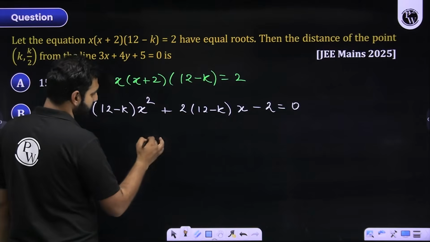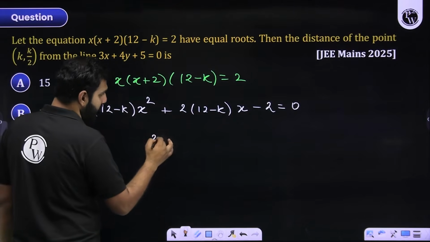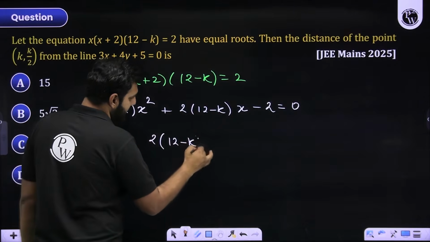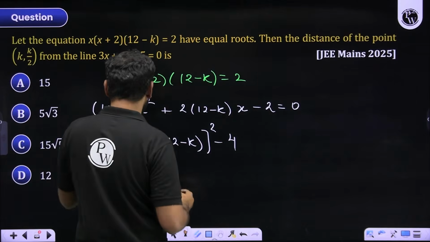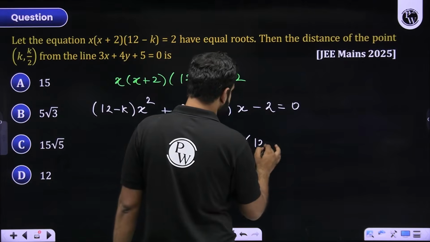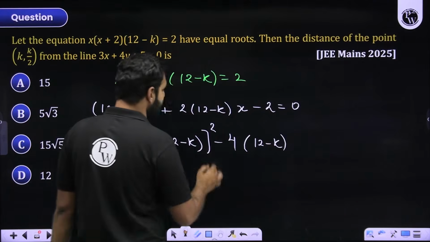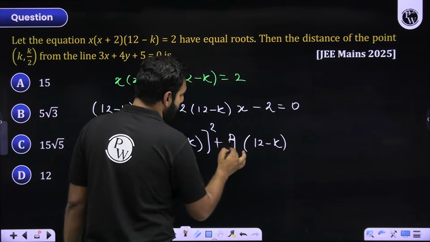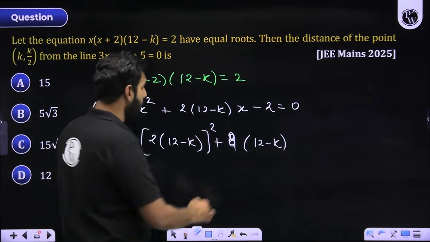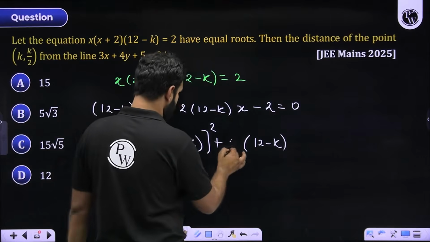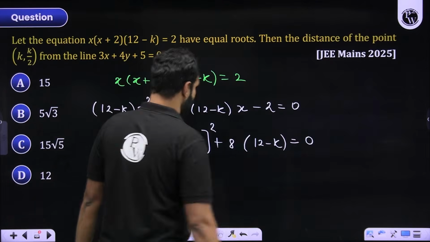B square, which is this 2 times 12 minus k whole square, that is b square, minus 4ac. What is a? A is 12 minus k. And what is c? C is 2. So I'm writing that 2 here. And when that 2 multiplies with this 4, it makes it 8. I hope that is understood by you all.